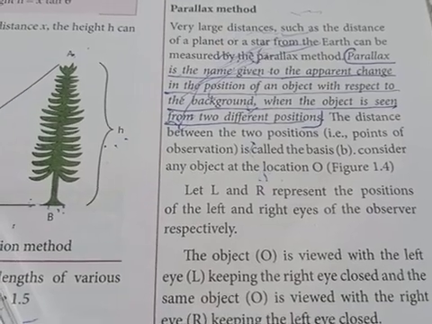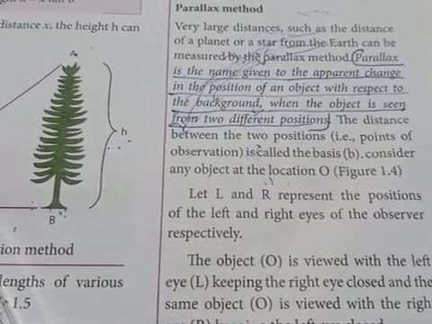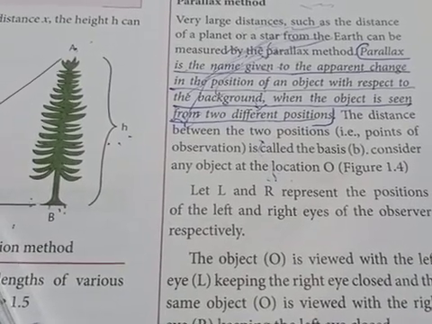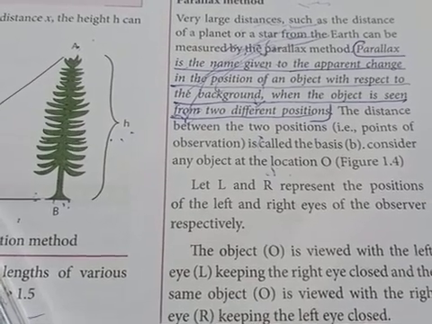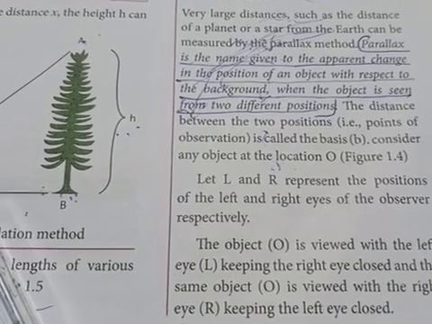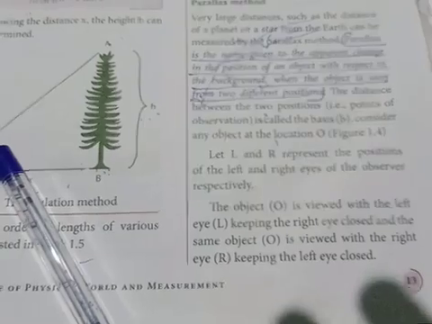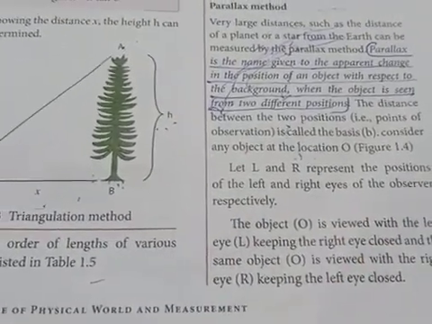You see an apparent change in the finger with respect to the background when the object is seen from two different positions. That's what I am saying with a simple example, left eye, right eye. You can try it at home, so you can see the effect of parallax.